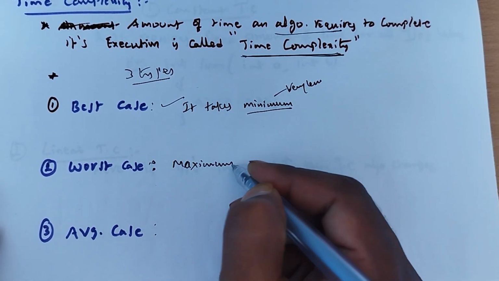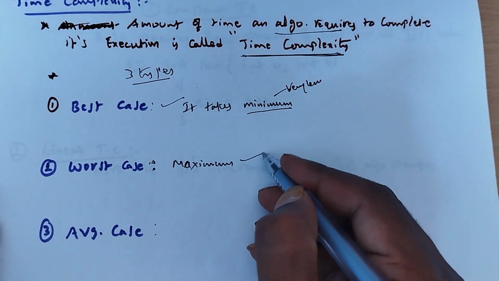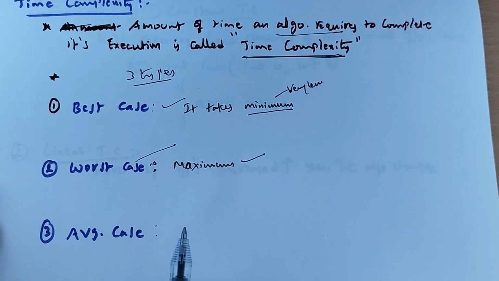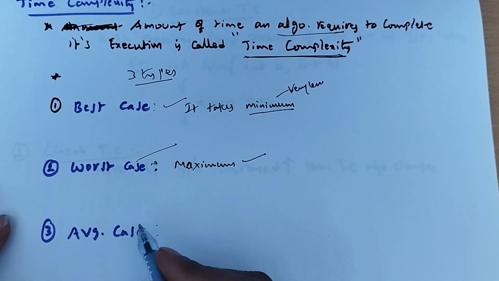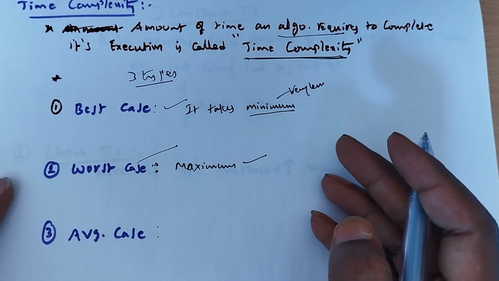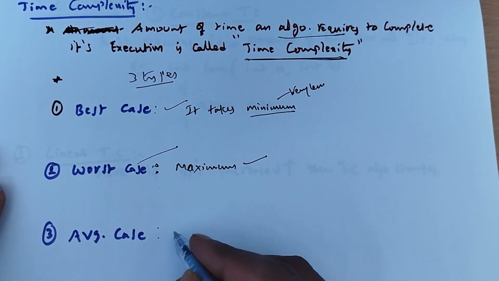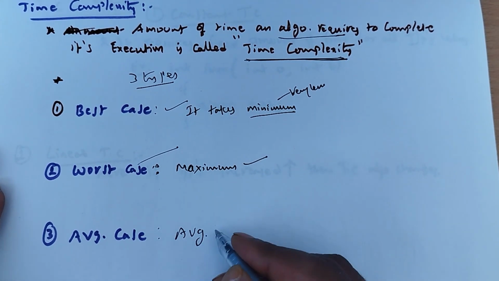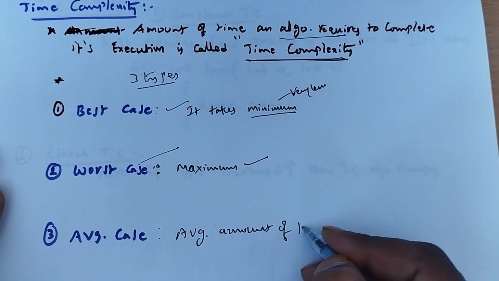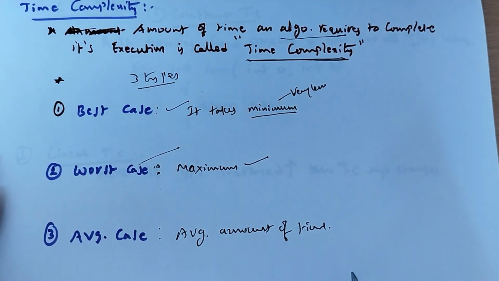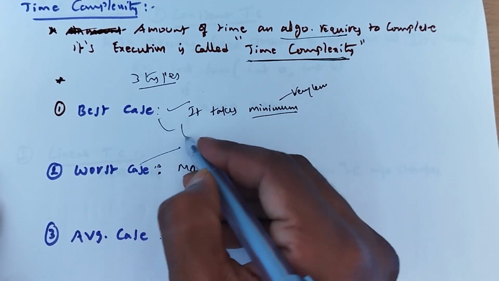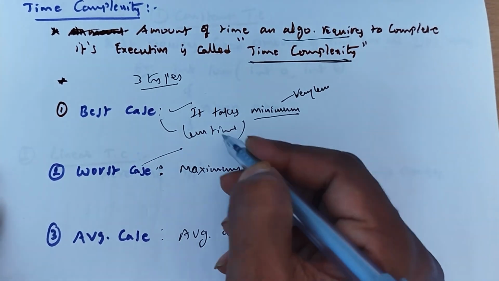If an algorithm or a program takes the maximum amount of time, it is called worst case time complexity. And average case means it is neither minimum nor maximum, it is an average amount of time. So best case means less time.